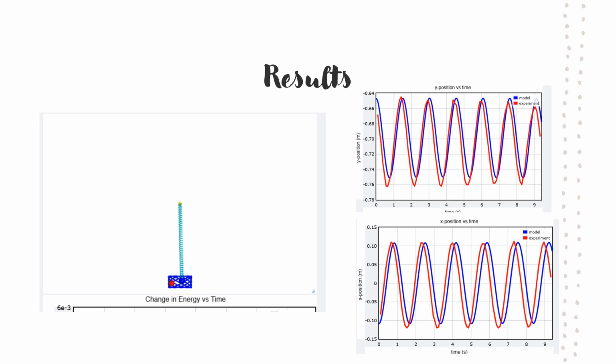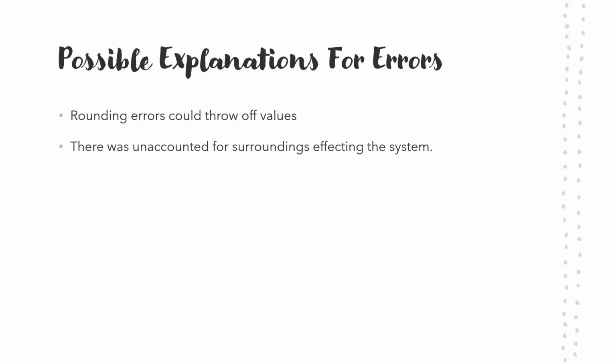It has to have surroundings that we're not accounting for, and that can explain the difference between these two. As mentioned previously, there could have been misplacements of the point, the center mass. Rounding numbers could always throw off values, and there were unaccounted surroundings affecting our system.